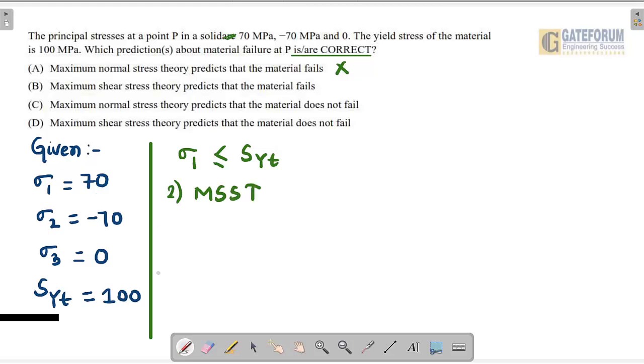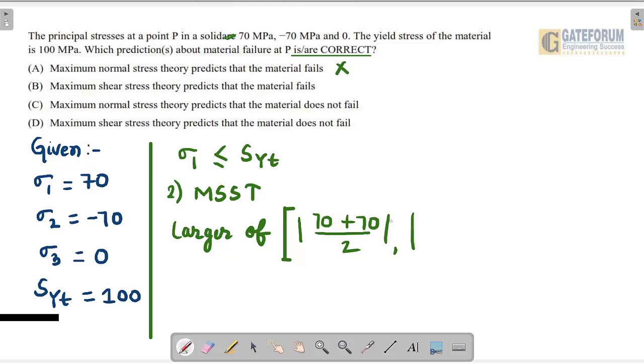Therefore, tau max in plane is the larger of mod sigma 1 minus sigma 2 by 2, so here 70 minus minus 70 by 2.